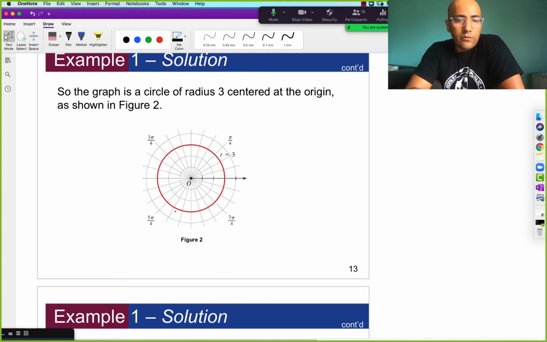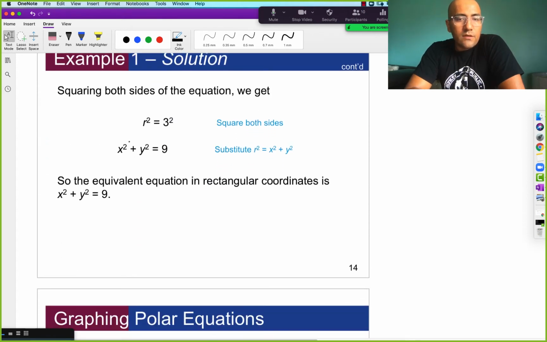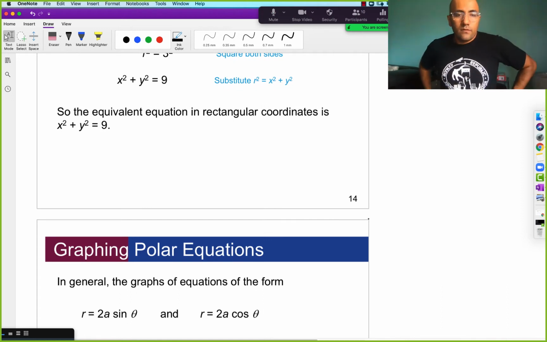So eventually, we gather all these points and form a circle centered at the origin with radius 3. And we can also use our conversion to convert it back to a rectangular coordinate equation, and we can confirm that this is in fact the circle centered at 0, 0 with radius 3. Any questions? No?